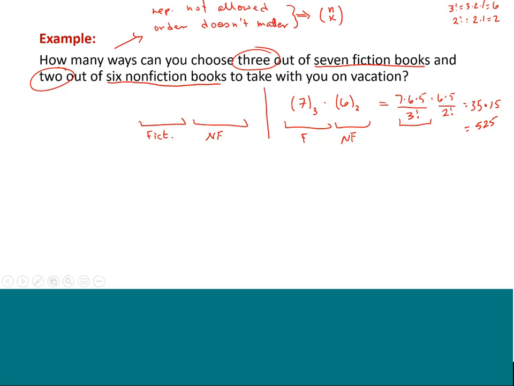So a fast way, if all you care about is the formula, to answer this question is for fiction, you could just say, hey, this is 7 choose 3. Now, what could you say for the nonfiction books? How many ways could you select, or choose, those 2 out of 6 nonfiction books? And again, I realize typing that one would be difficult.